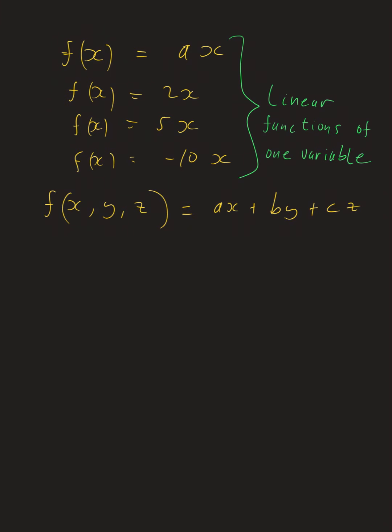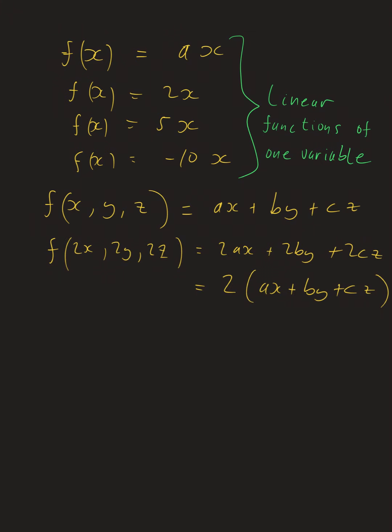So a function like this will satisfy our properties to be linear. So you can see that if, for example, I multiply all my input by 2, I get 2a times x, 2b times y, 2c times z, and if I factorize, I find I just have twice the output. So it satisfies the property that f of a times x should be equal to a times f of x.